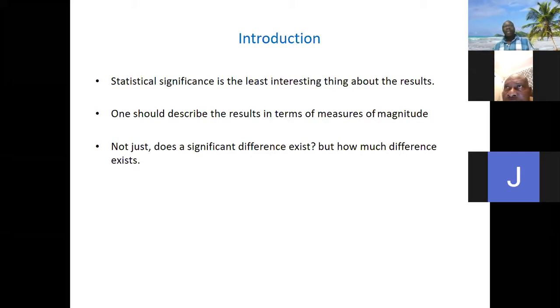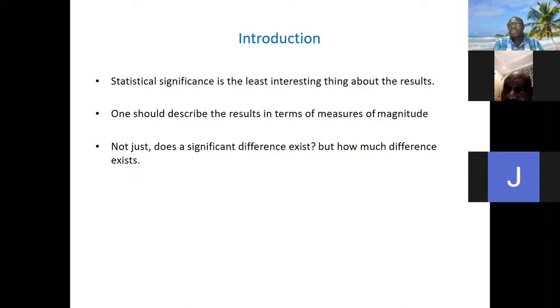Now, that one apart, what we are looking at today is effect size. We have already known that statistical significance with the p-value does not mean much. One should be able to describe the result in terms of a measure of magnitude. That is, you give a value, you're able to quantify it.